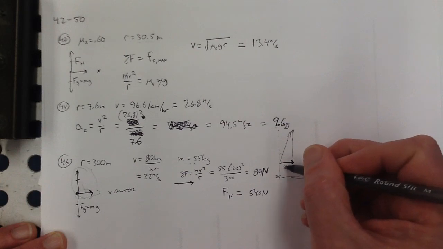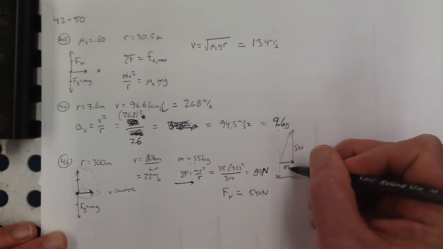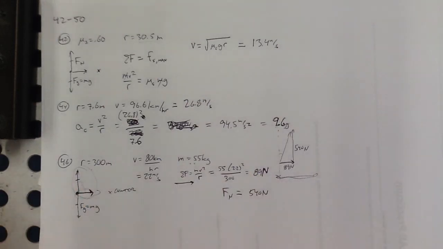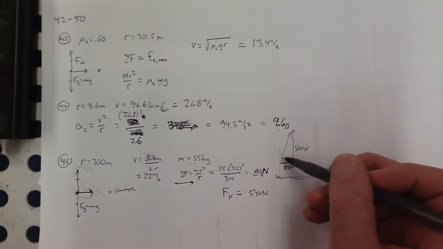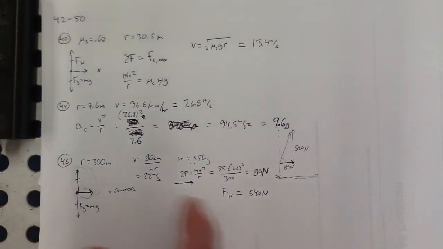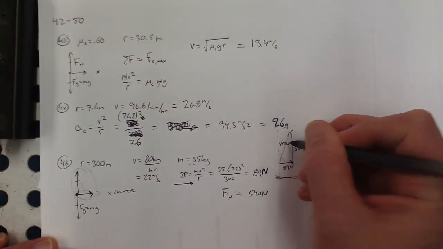This is my 89, this is my 540 newtons. I think I'll just find this angle, tangent inverse rise over run, because I'm used to that, and then I can find the complement of that. So, square root of 89 squared plus 540 squared. It's about 547.